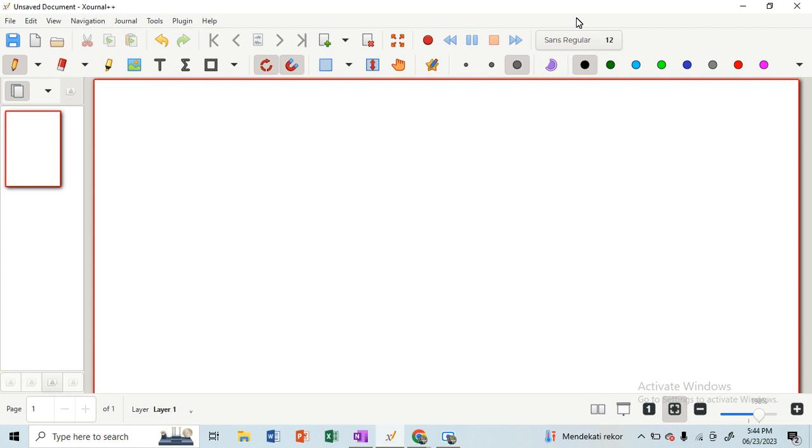Otherwise, we can't solve a trigonometric limit. So that is the key idea why we have to review some identities in trigonometry.